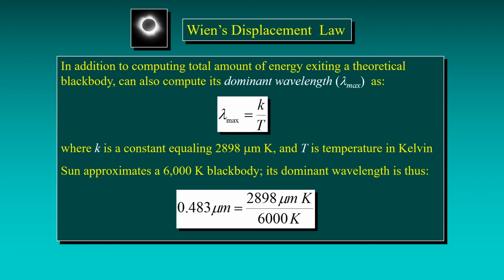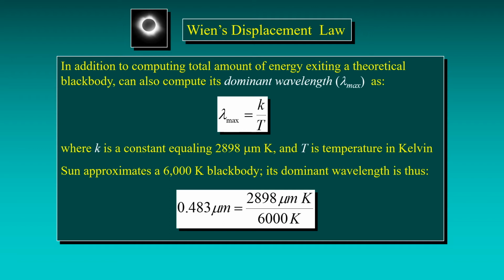And the sun approximates a 6,000 Kelvin black body, as I mentioned, so we can just plug that into the equation down here in the denominator, and we have the constant K, the value that we inserted, in the numerator. And so if we take 2,898 micrometer Kelvin divided by 6,000 Kelvin, of course the Kelvins cancel, and so what we get is 0.483 micrometers. Okay, so that is the dominant wavelength of electromagnetic radiation that is coming from the sun.